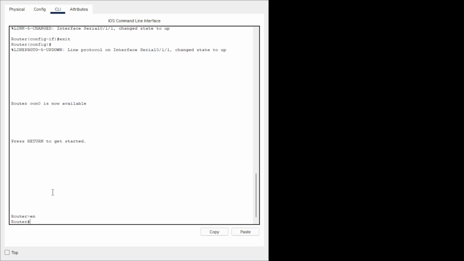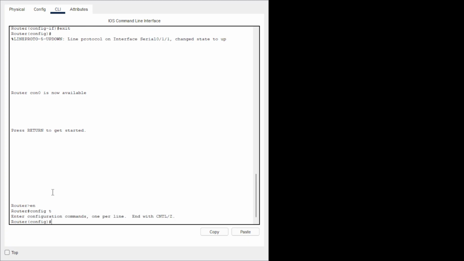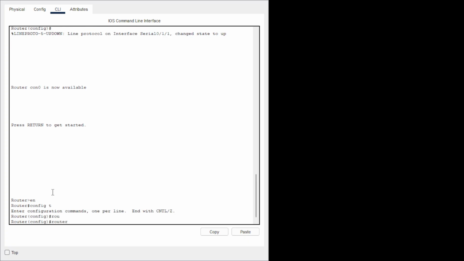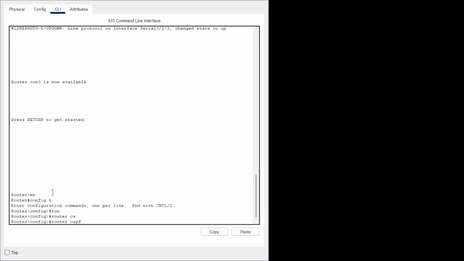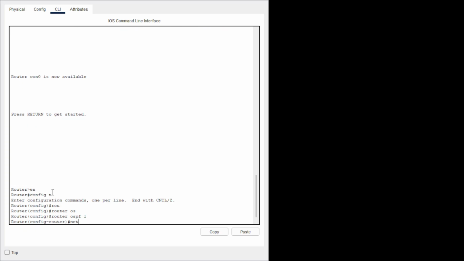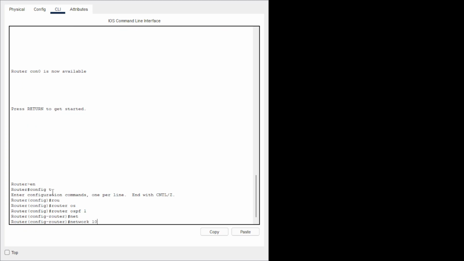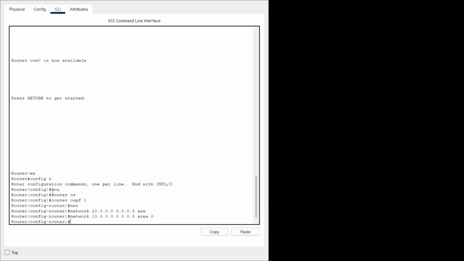Enable, config t, then router OSPF with process ID 1 and its network 10.0.0.0 with wildcard mask 0.0.0.3 area 0, and exit.